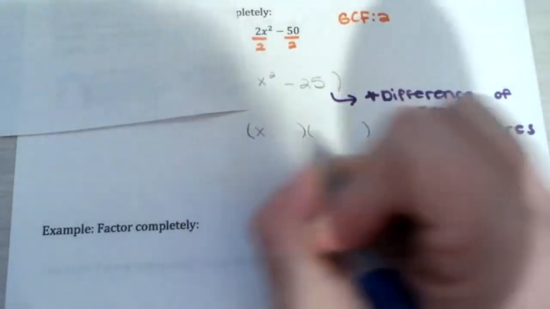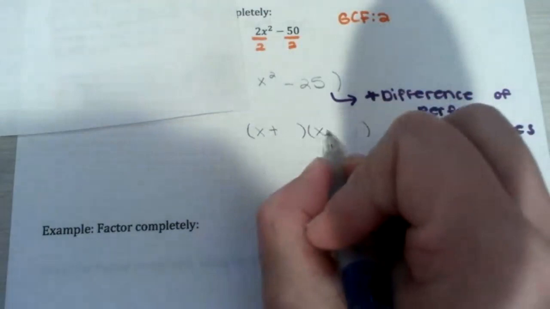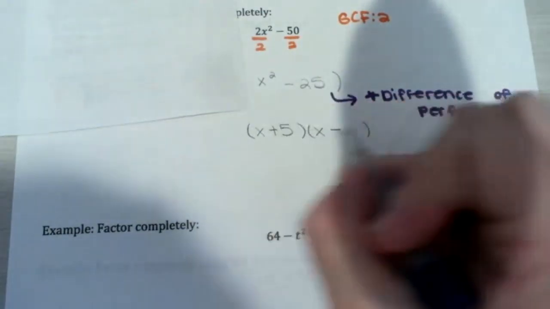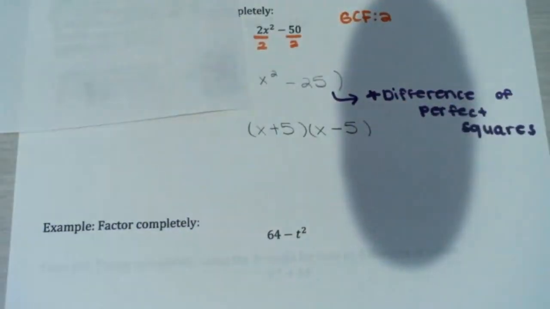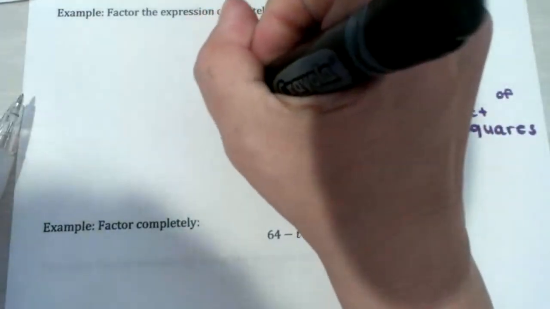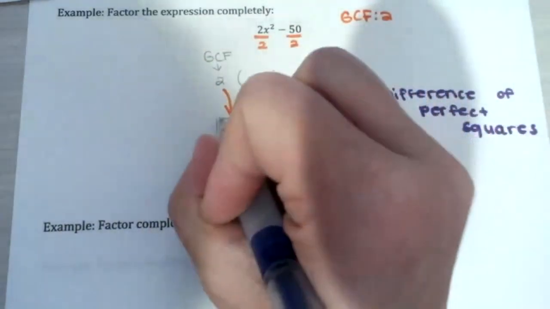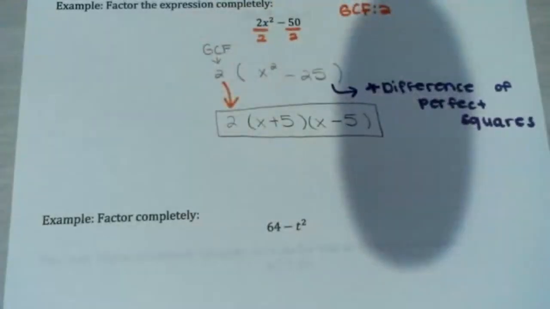X squared is a perfect square because it's x times x. It is the difference, it is subtracting, so we know one's positive, one's negative. 25 is a perfect square, 5 times 5. Done. So x plus 5, x minus 5. Don't forget to bring down this GCF of positive 2, and that's your answer. So 2 times x plus 5 times x minus 5. Multiply all these factors back together, you get back to your original problem. Super cool.